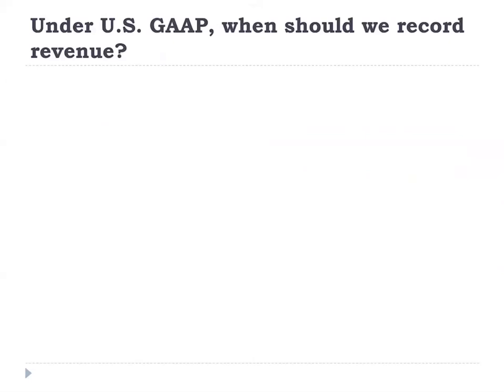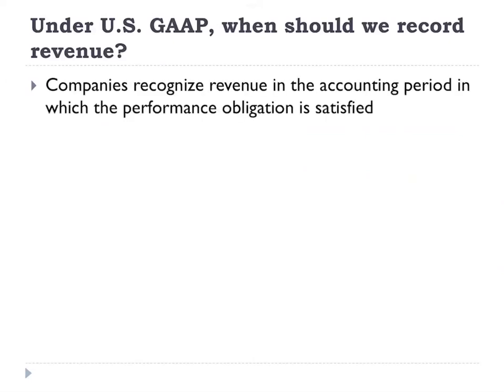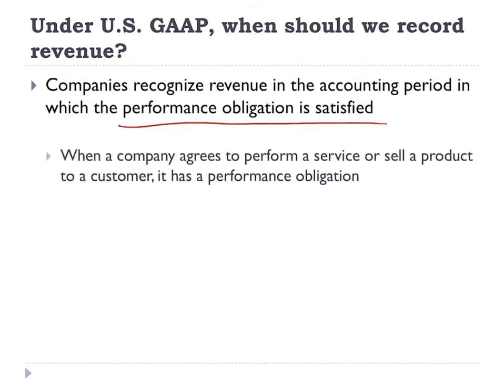More specifically, under US GAAP, when should we record revenue? The rule here is that companies record revenue in the accounting period in which the performance obligation is satisfied. So what is a performance obligation? A performance obligation is basically a promise, an obligation to perform something.